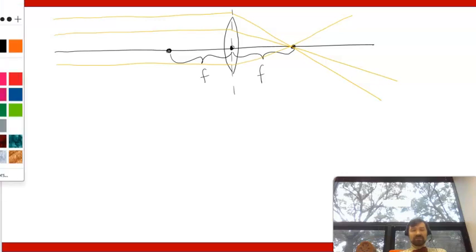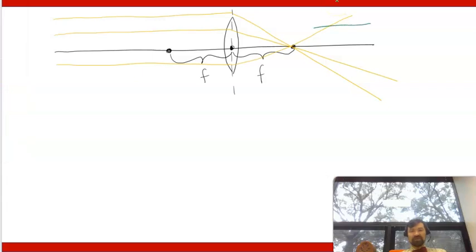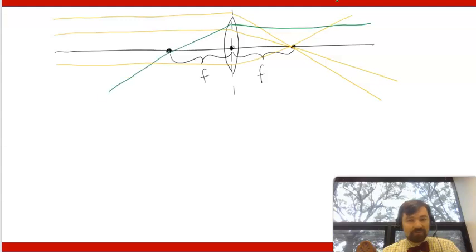That is because I can also send light through from the other direction. So I could have a ray that comes in like this, and that ray is also parallel to the principal axis. That ray will also deflect so that it goes through the focal point more or less.